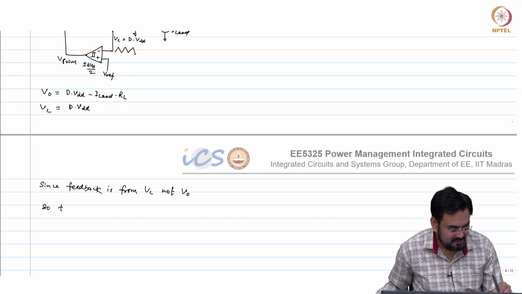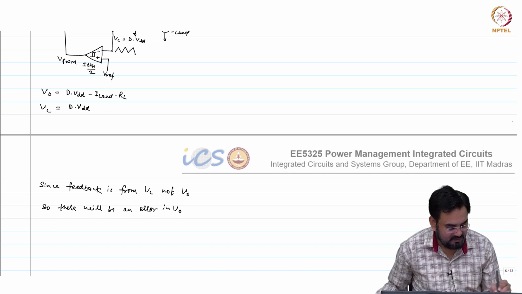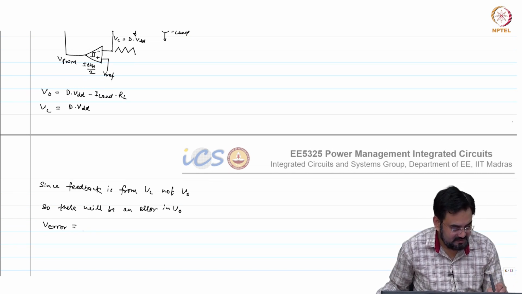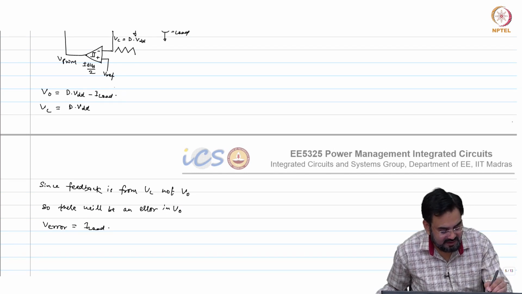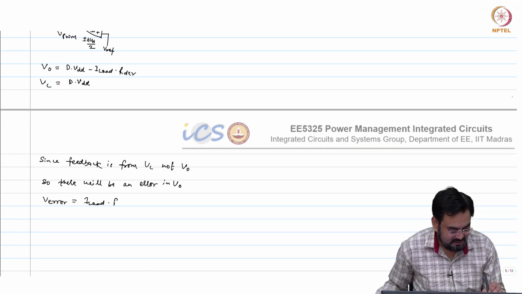So there will be an error: V error equals I load into not RL, it's RDCR.